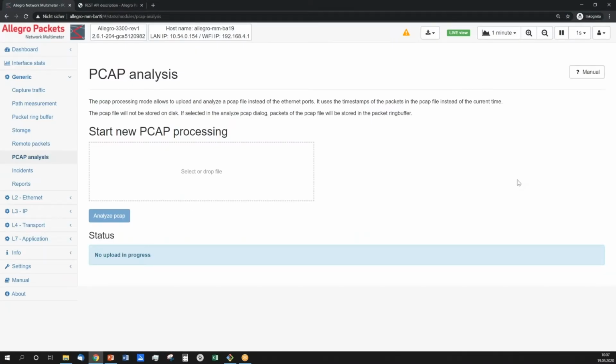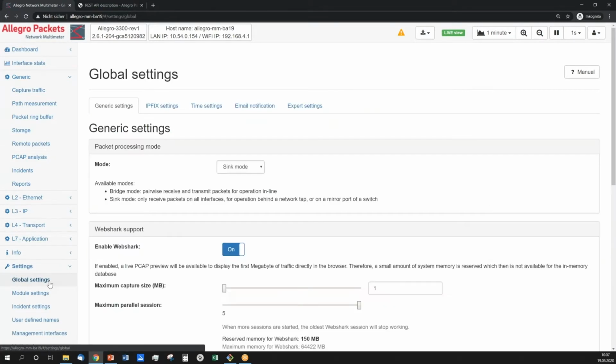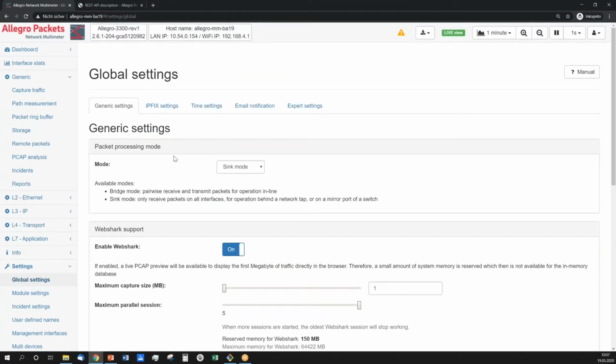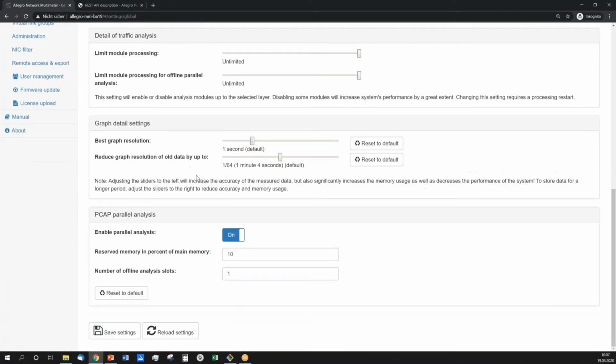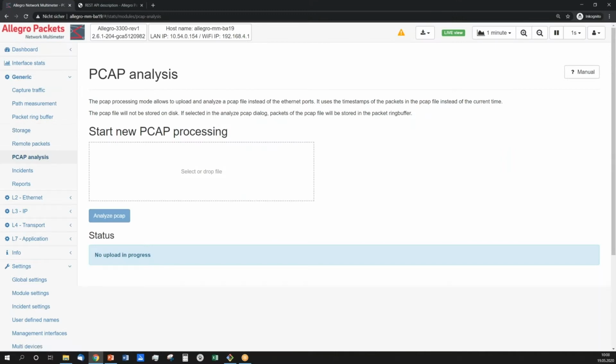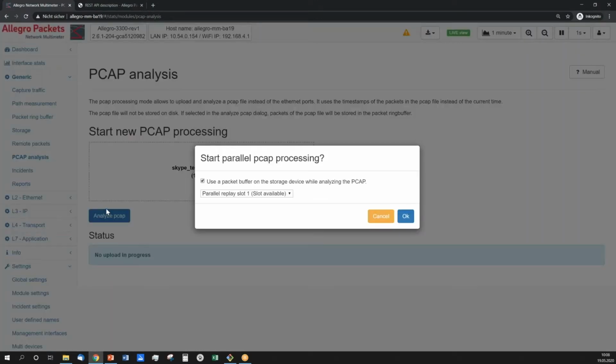What I will use right now is the Allegro, which is a 3300 in this case, set up with the parallel PCAP analysis, which allows me to process a PCAP in parallel to live traffic. What I will do now is take my PCAP from my test call and analyze it.